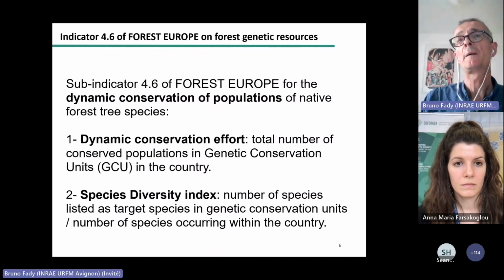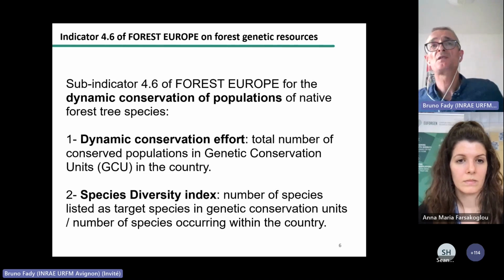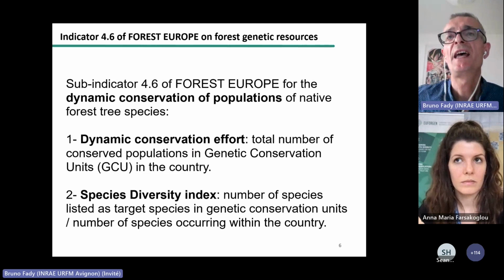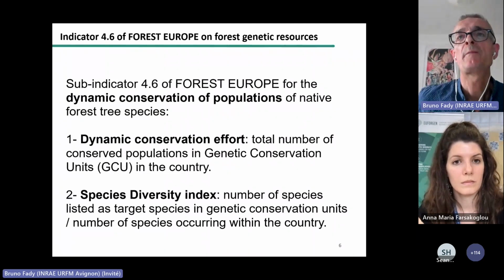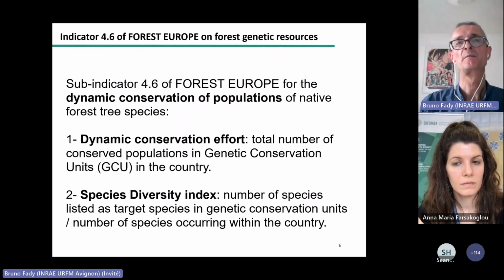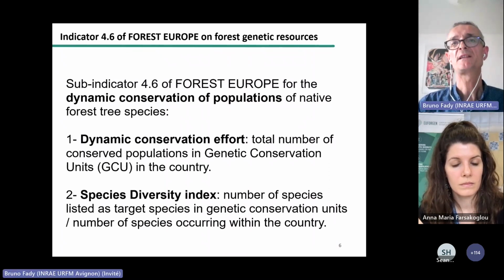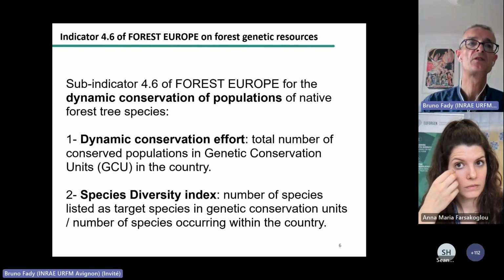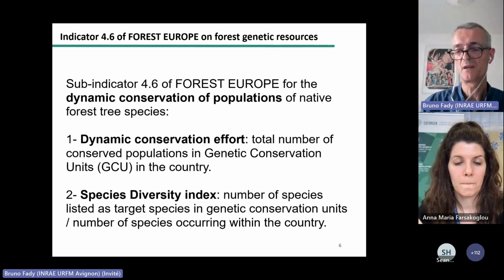So the indicator linked to dynamic conservation of populations of native forestry species has 4 levels. One is simply the number of conserved populations, genetic conservation units. The second one is a relative index of species diversity, which considers the number of species which are target species of gene conservation compared to the number of species occurring within the country.